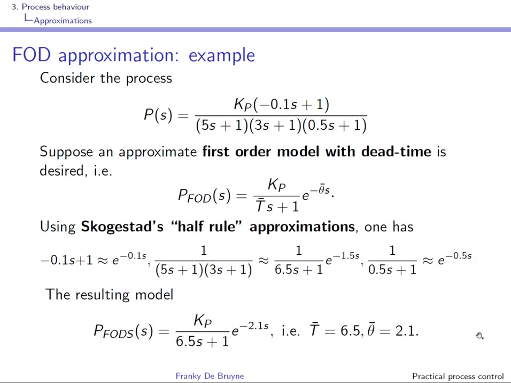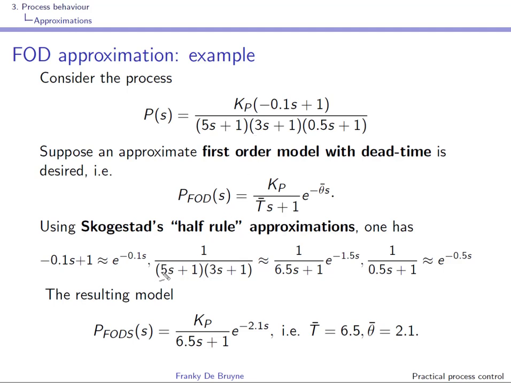Well, we consider here the same process and we want the same approximating system, and now we're going to use Skogestad's half rule approximation, right? So the idea is that the largest neglected lag time constant, which is this one, is approximated by adding half of the time constant to the largest remaining time constant, right?